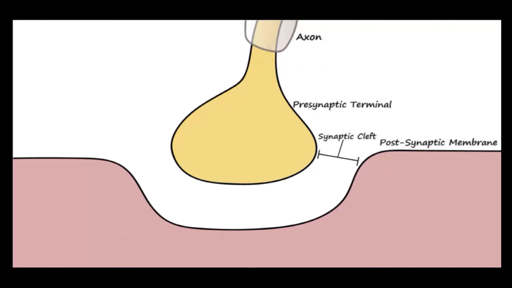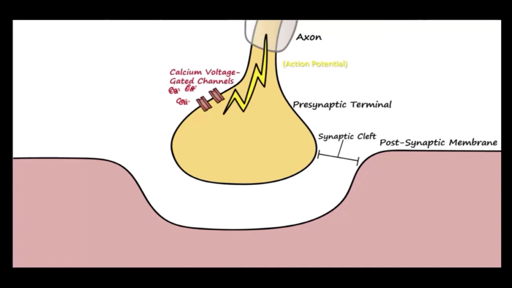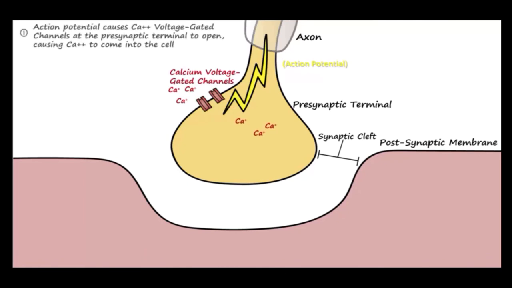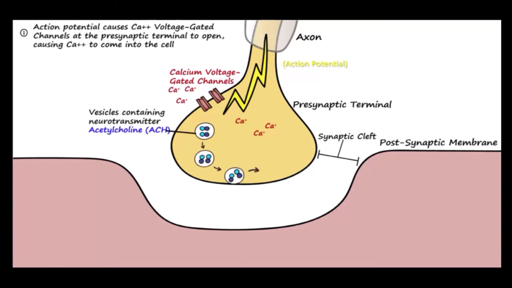First, an action potential travels down the axon of the neuron and reaches the presynaptic terminal. It causes calcium voltage-gated channels in the presynaptic terminal to open, allowing calcium ions to enter the cell. The influx of calcium allows for vesicles containing an important neurotransmitter known as acetylcholine, or ACh, to be released into the synaptic cleft.